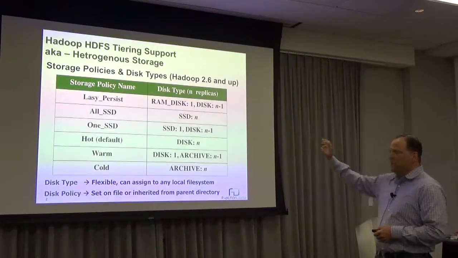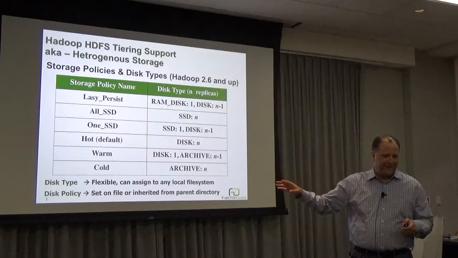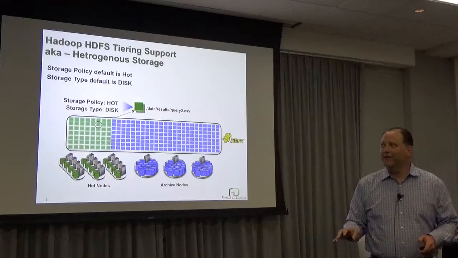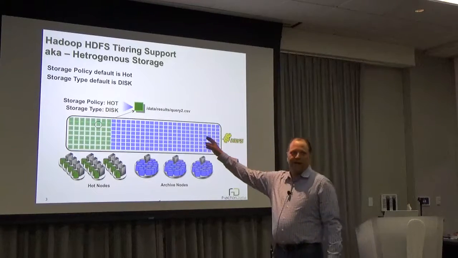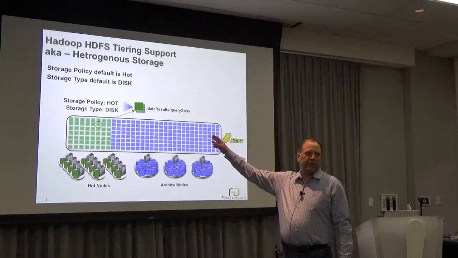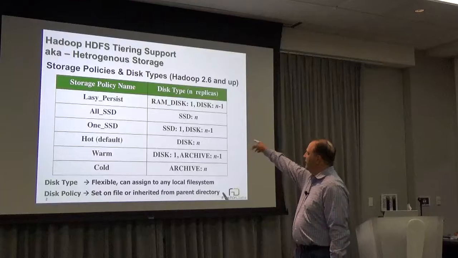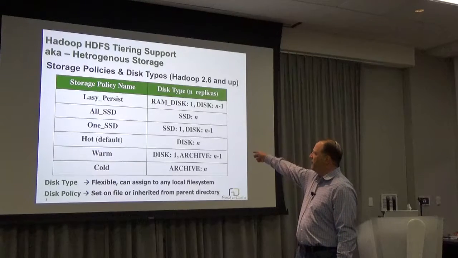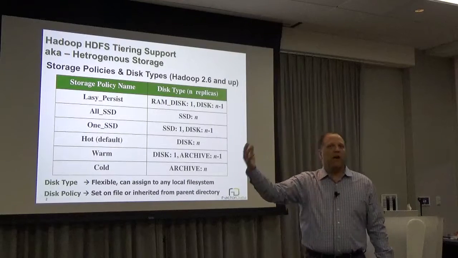So now that you know the two components, let's see how it works. I have a very simple example here. By default, everything goes to hot. That's the storage policy. What hot means in the storage policy table here is that you'll have the number of replicas that are specified for hot on disk.